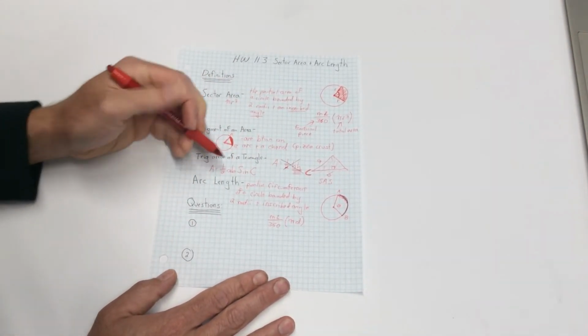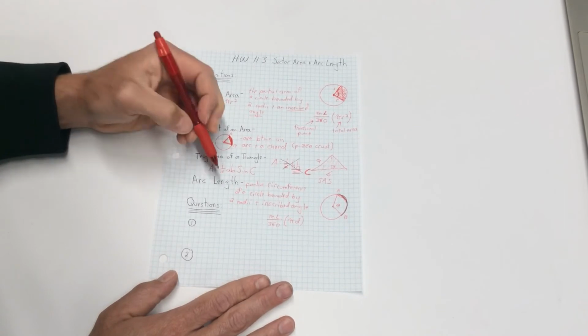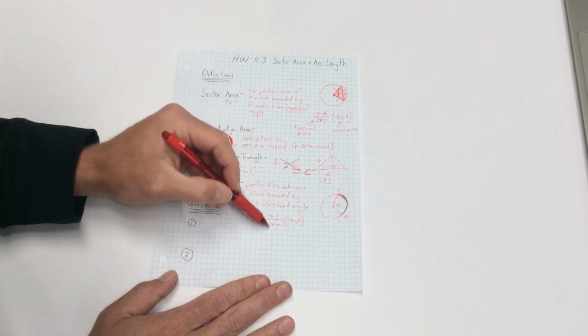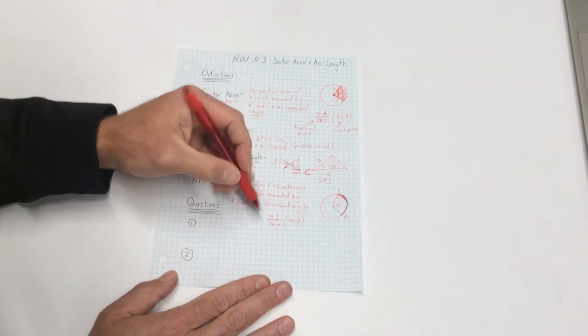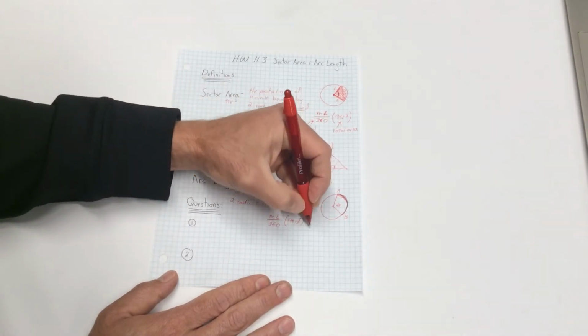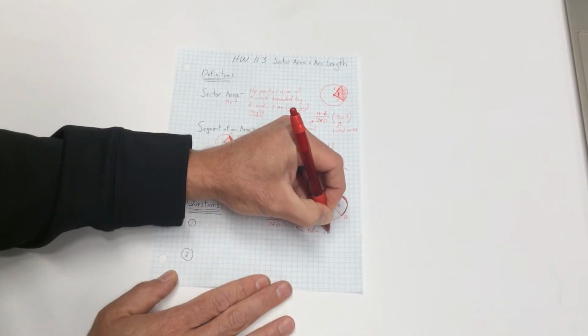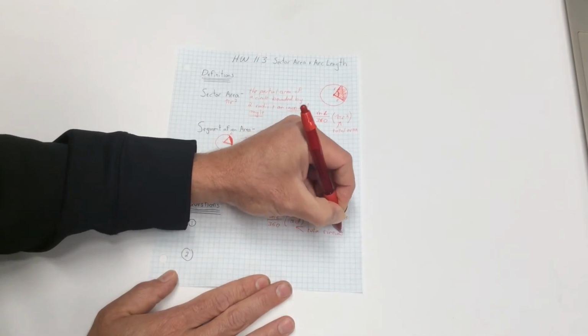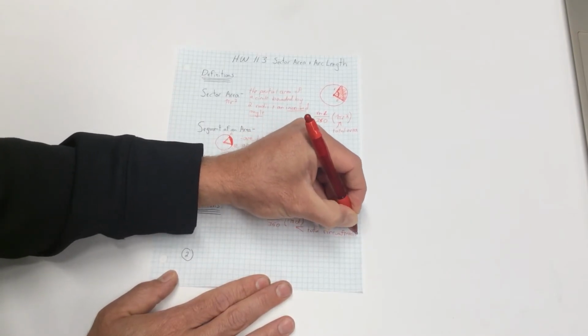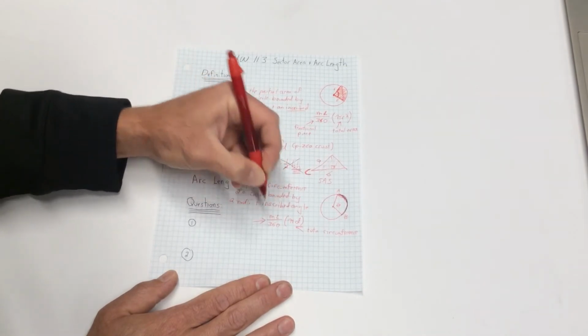So arc length is the fractional part, same thing here, times total circumference. And I'll go ahead and do the same thing. The total circumference is pi d, which if you know the radius, finding the diameter is super easy. You just double it, times, again, the fractional part.